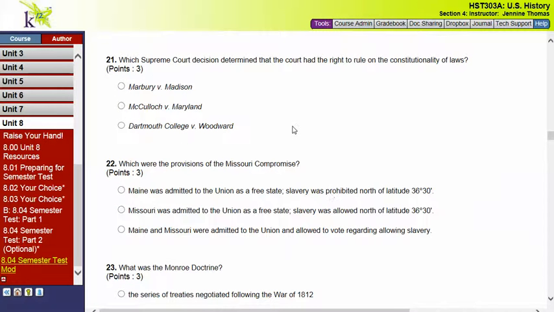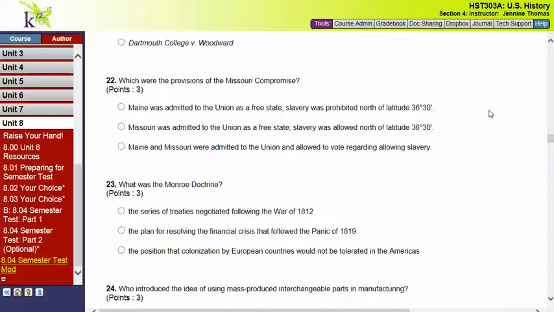Number 21, which Supreme Court decision determined that the court had the right to rule on the constitutionality of laws? Was that Marbury versus Madison, McCulloch versus Maryland, or Dartmouth College versus Woodward? Number 22, which were the provisions of the Missouri Compromise? Maine was admitted to the Union as a free state, and slavery was prohibited north of latitude 36 degrees 30 minutes.